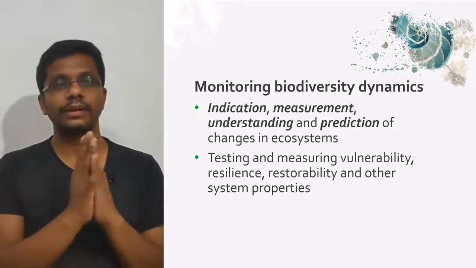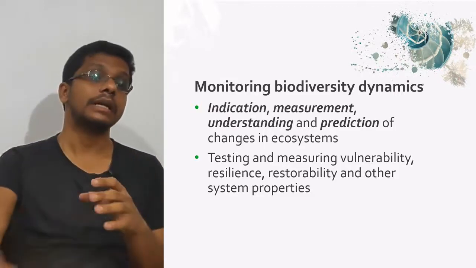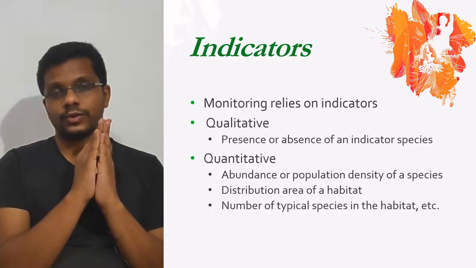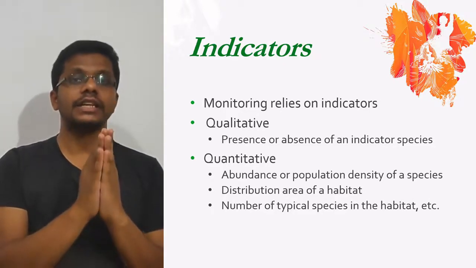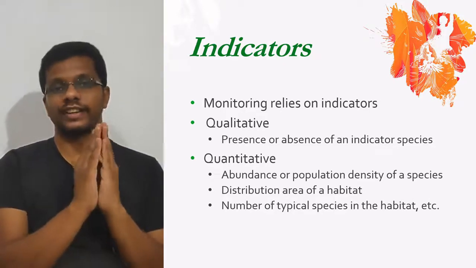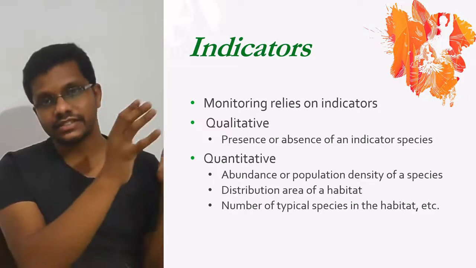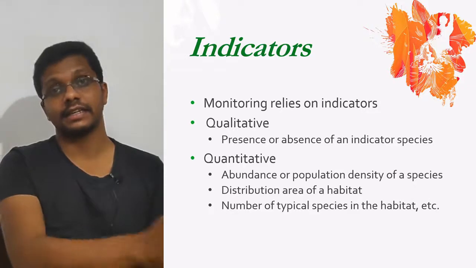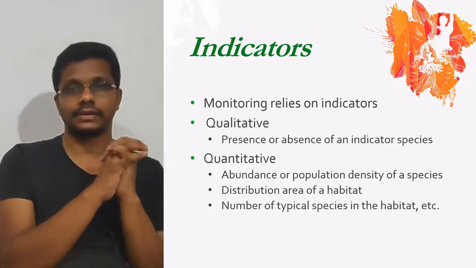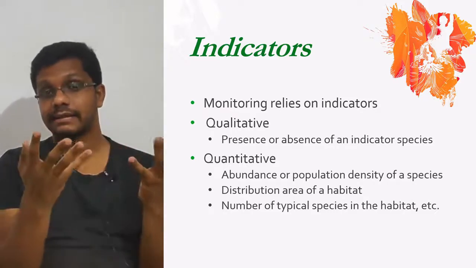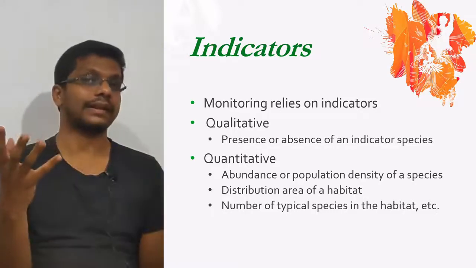So monitoring biodiversity includes many things, and it's a complex scenario, and in almost all cases, we are measuring biodiversity based on indicators. We have so many indicators of biodiversity change. We study the indicators to get an idea about the change in biodiversity. The indicator can be an indicator organism, maybe a lichen, maybe a keystone species, something like that.